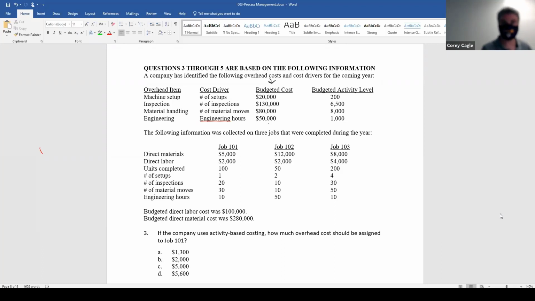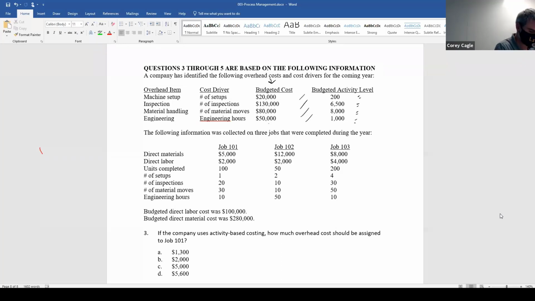We need 4 rates. Those rates are always going to be the total in the pool divided by the total of whatever the driver is. They've given it to us, so we'll just divide each of these and get rates for each of these.